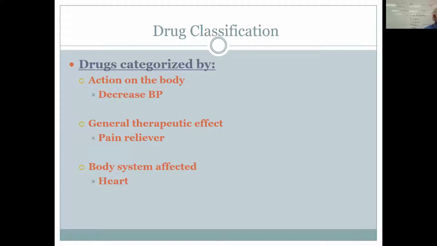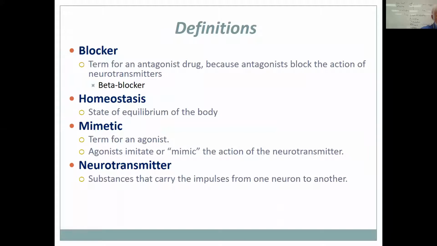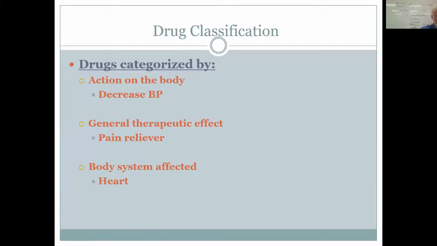We have drugs that will affect body systems, the genitourinary system for one, the cardiovascular system. They can also have very specific effects on organs. A drug might directly affect the kidney as part of the genitourinary system, or might directly affect the heart as part of the cardiovascular system.